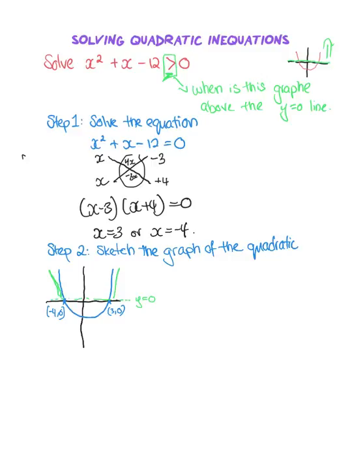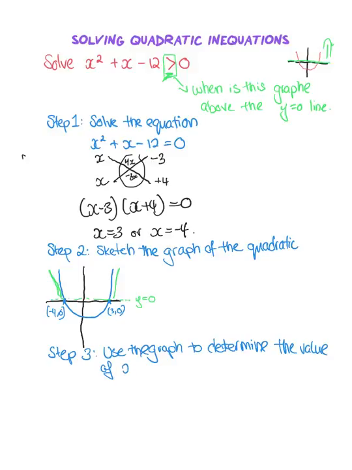The last step is to use the graph to determine the values of x for which x squared plus x minus 12 is greater than 0.